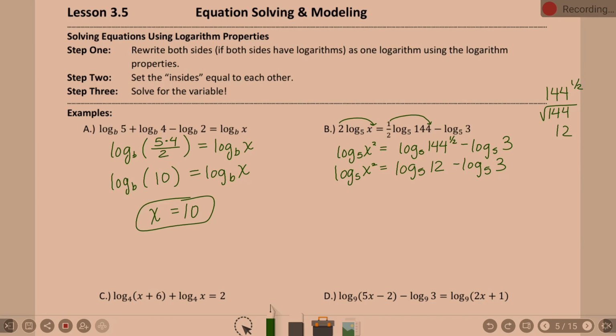Log of 12 minus log of 3. 2 logs being subtracted can be rewritten as 1 log where the insides are divided. And because I don't want to risk losing anybody, yes, I'm taking the extra step, okay? 12 divided by 3, which if you wanted to, you probably just went ahead and wrote log base 5 of 4, didn't you? And that's fine.